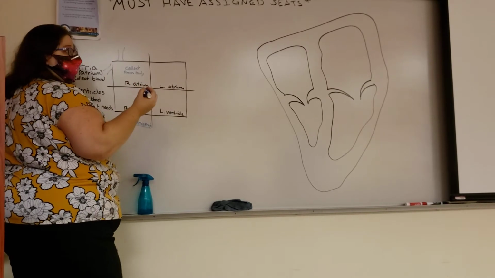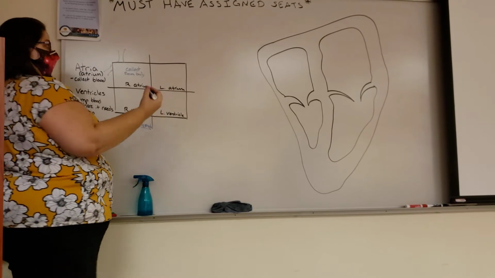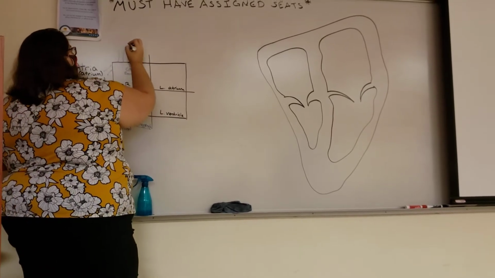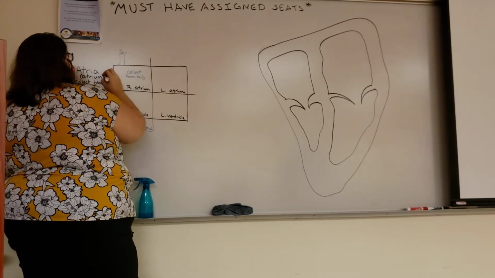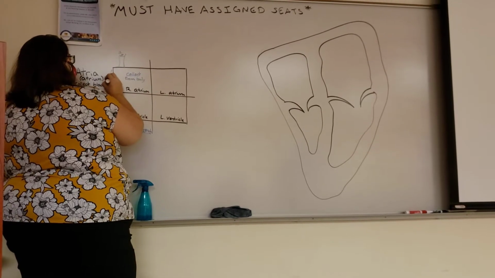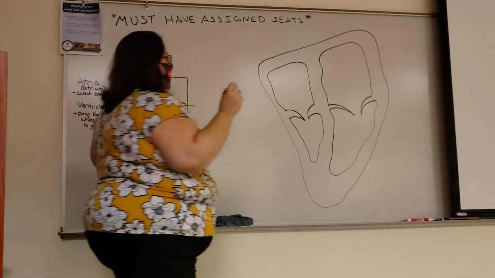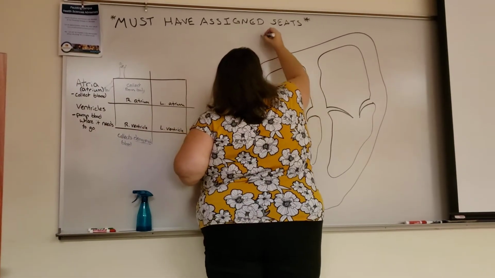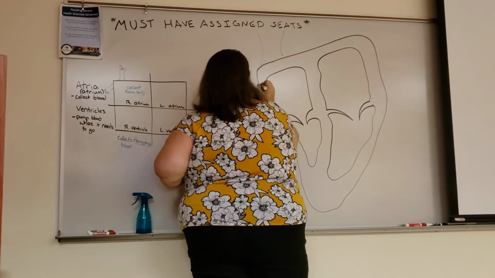And there are two major blood vessels that dump this blood back into the heart. They are called your superior vena cava and your inferior vena cava. As I'm labeling this stuff on this side, this is like the anatomical one, I'm going to spell it out a little bit.